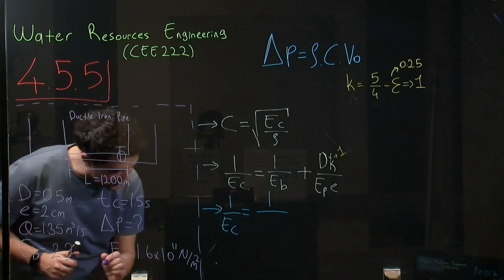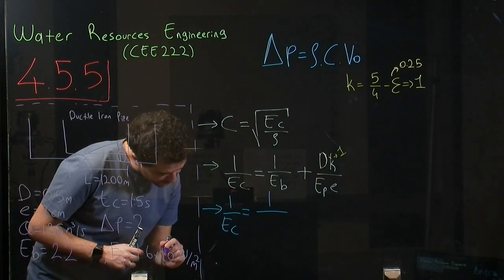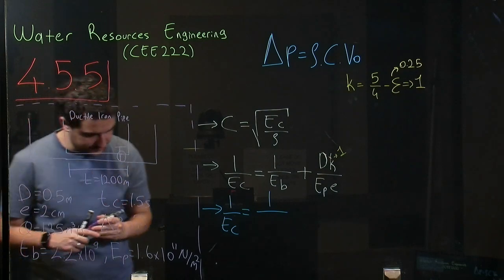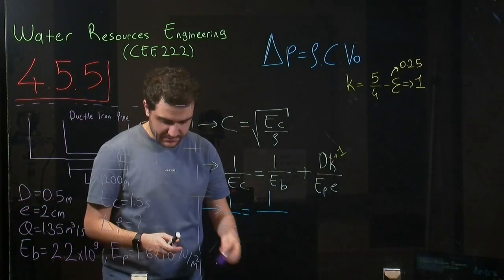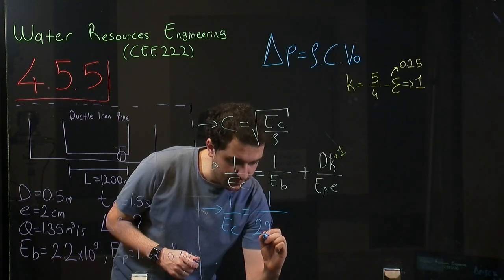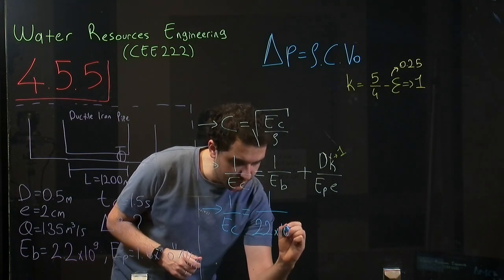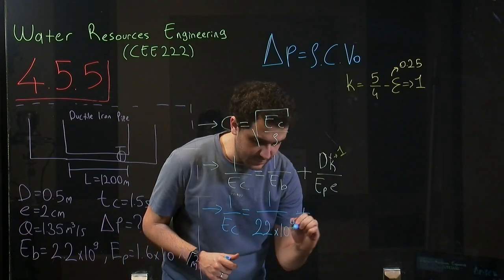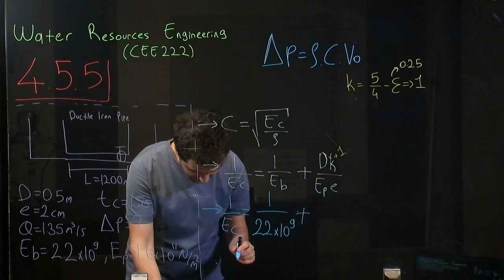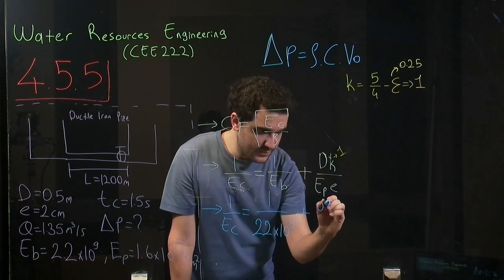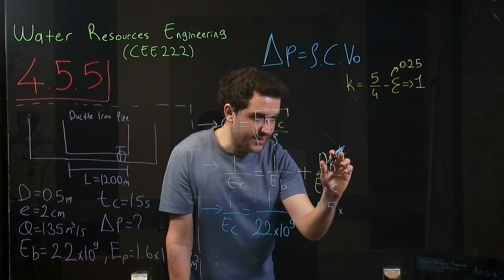It is actually 2.2 times 10 to the power of 9. Okay. Plus we have 0.5. We have 1 here.